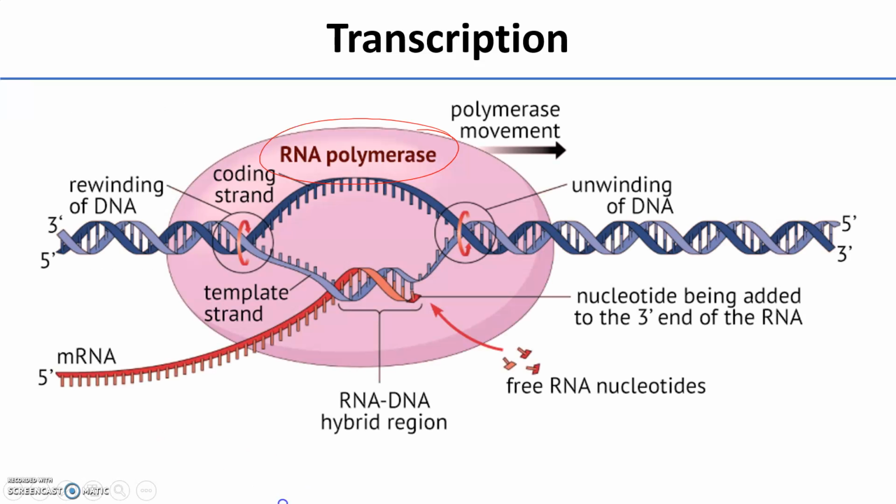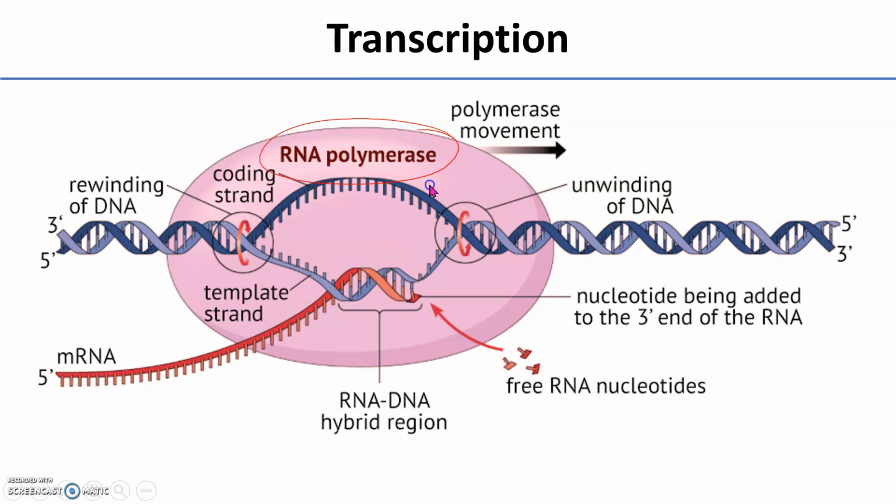So how do we do it? It's probably a little less complicated than replication because there are not as many players. Here in blue, you see your DNA molecule, and here in red, you have your mRNA molecule that's being newly transcribed. You don't have to worry about all the jobs of replication. Here, the polymerase does everything. It causes the DNA to unwind, it reads the code to add those new nucleotides, and then it allows the DNA to rewind behind it.